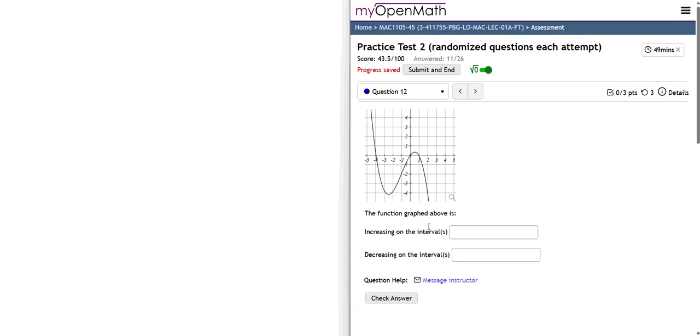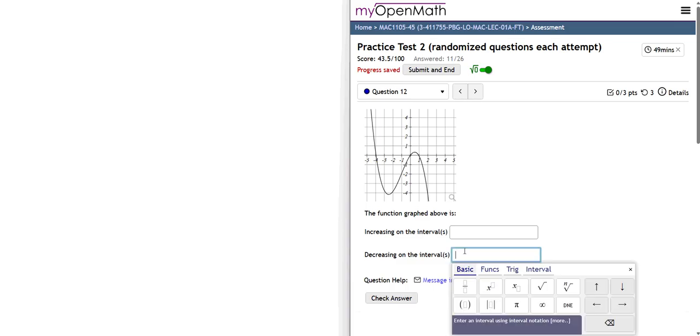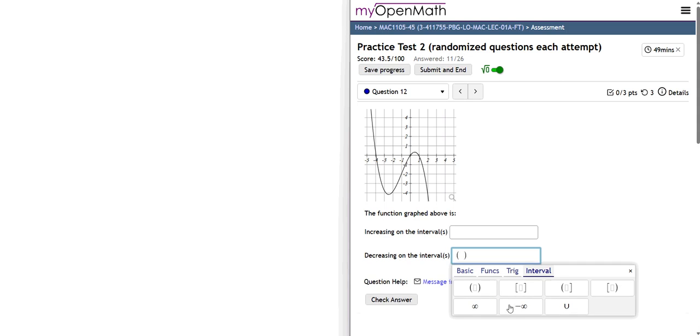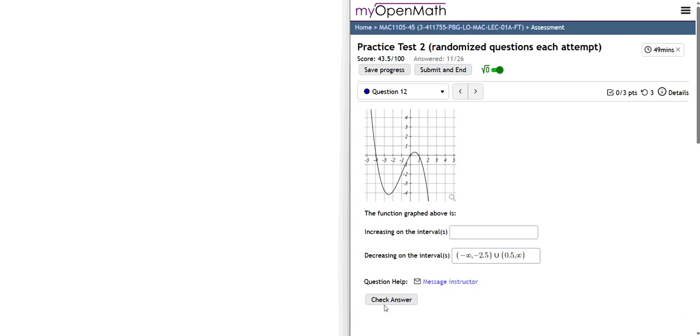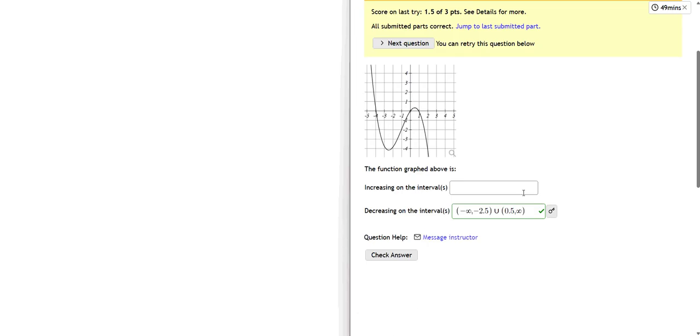So I'm going to say it's decreasing on the intervals of x from negative infinity up to negative 2.5, it looks like. But then it's also decreasing over here where it starts, it looks like at about 0.5. So I'm going to union this and go from 0.5 towards positive infinity. So for those intervals of x, my function is decreasing.